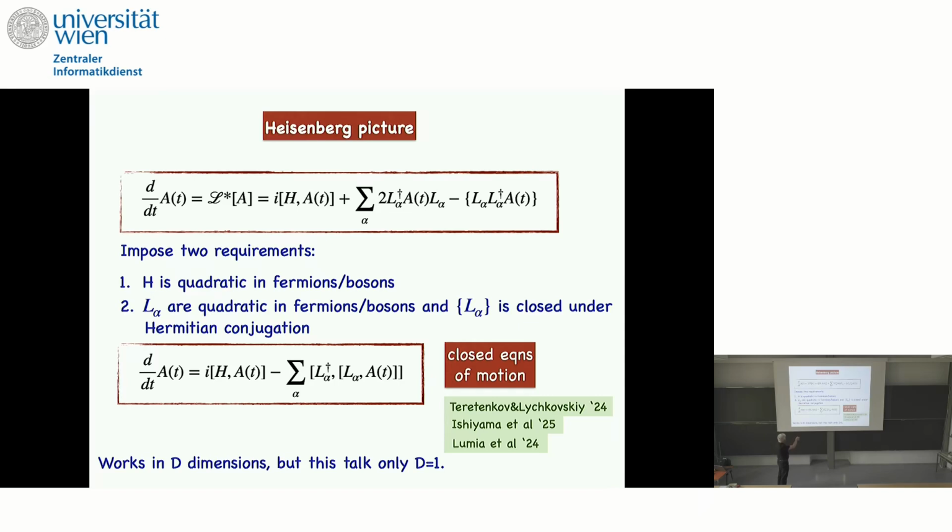If I fulfill these requirements, you can immediately see this leads to closed equations of motion, because this is quadratic, this is quadratic. If you calculate the double commutator, the number of fermion operators in A of t doesn't change.